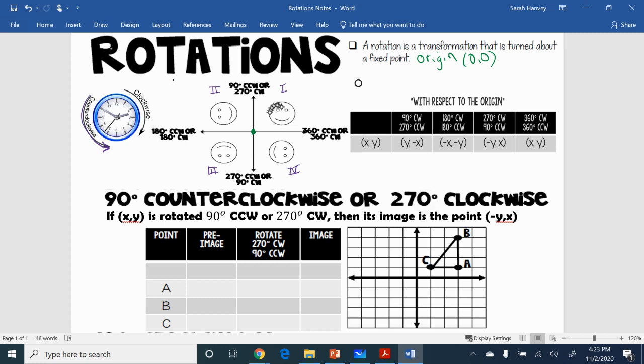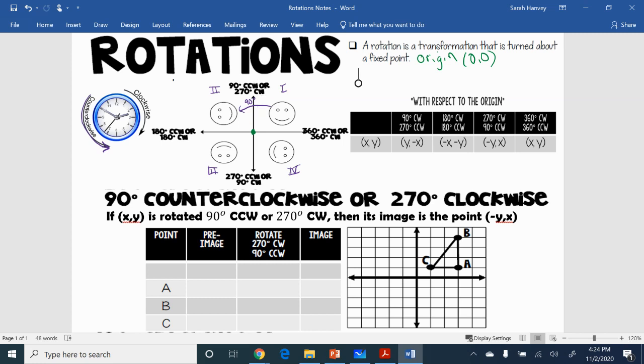So if you were talking about this happy face, with respect to the origin, this would be a 90-degree rotation going counterclockwise. And that's why we use CCW, counterclockwise, because we're lazy. We don't want to write that word down over and over again.